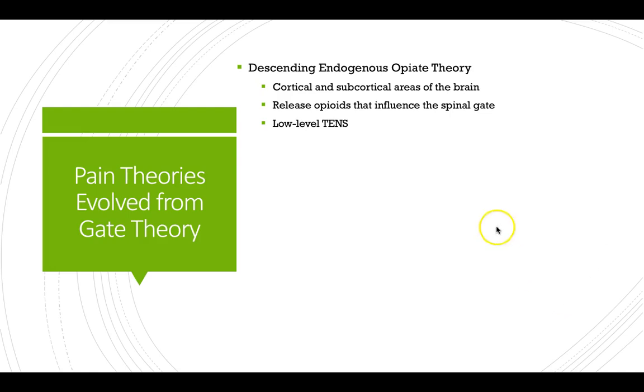One of those levels is going to initiate some endogenous opiate release. And those opiates are what's going to potentially affect the gate closing, specifically in the cortical and subcortical areas of the brain. And I'll have a kind of diagram that shows that and how they regulate the release of enkephalins to inhibit the pain sensation.